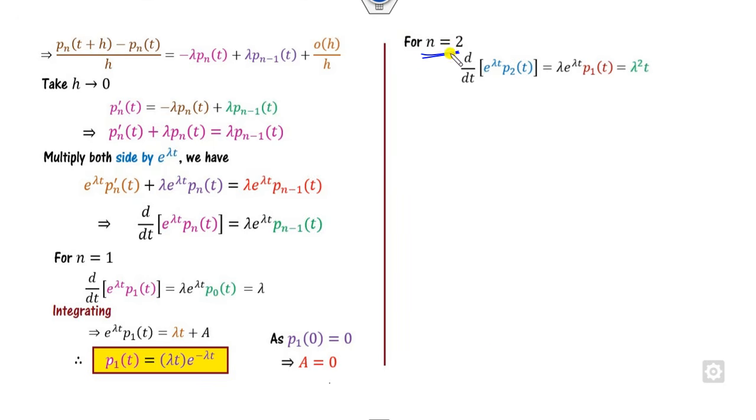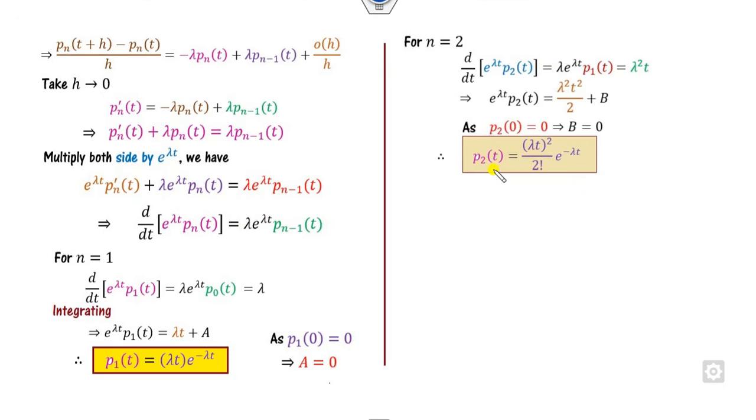Now for n equal to 2, I can substitute n equal to 2 here. This is P1, so I can substitute the value of P1. This will be cancelled out here. Again you can integrate on both sides and you will get this expression. Clearly b is 0 by using the initial condition. Similarly we can take n equal to 3 here.